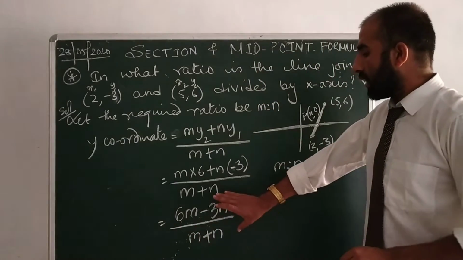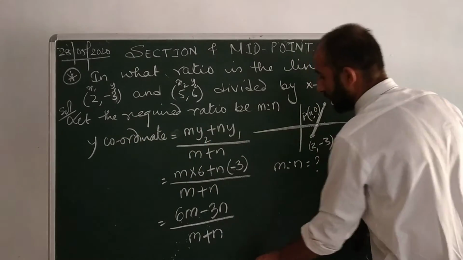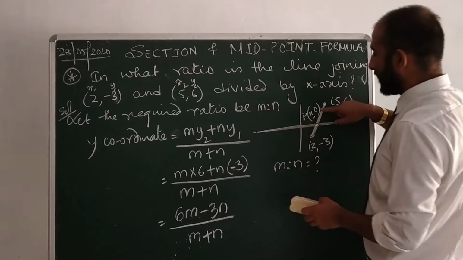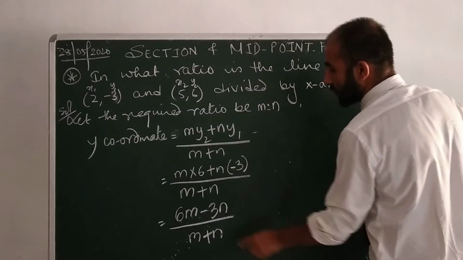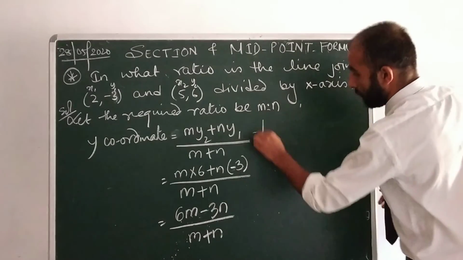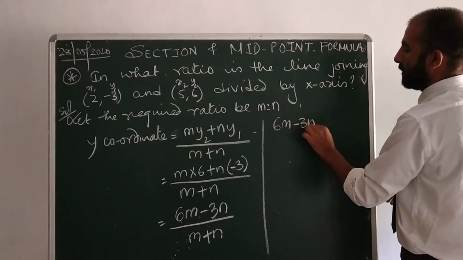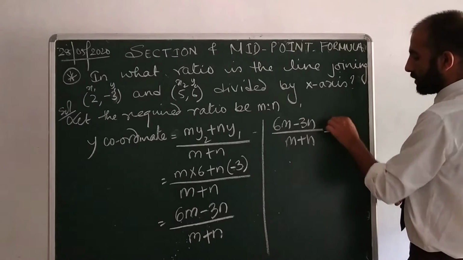So this is the coordinate of y, and we know that when a line segment is divided by the x-axis, the y coordinate is always 0. That means we are going to equate this y coordinate with 0. Let's see. 6m minus 3n by m plus n is equal to 0.